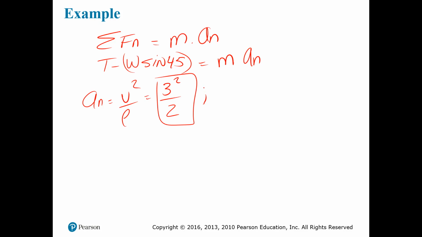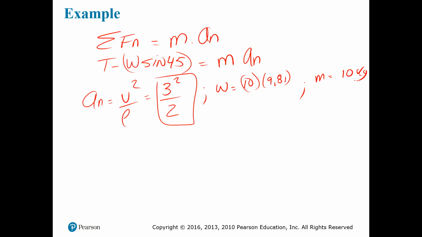Then I also have to know that the weight is equal to the mass, which is 10, multiplied by 9.81. And finally, we need to remember that the mass is equal to 10 kilograms.